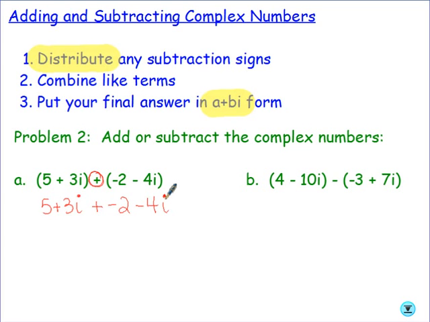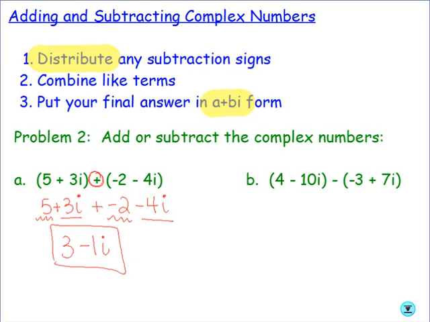I'm going to combine the real and the real. 5 and negative 2 make positive 3. I'm going to combine the imaginary and the imaginary. 3 and negative 4 make negative 1i. That is a done answer. If you do the reals first and the imaginary second, you will always keep it in the proper form.